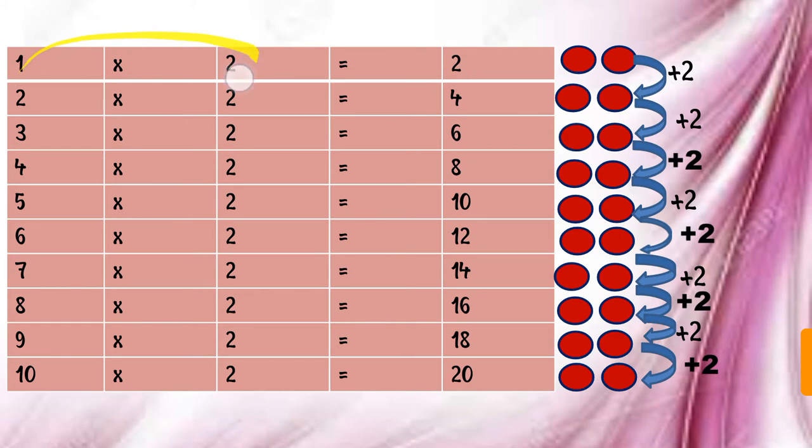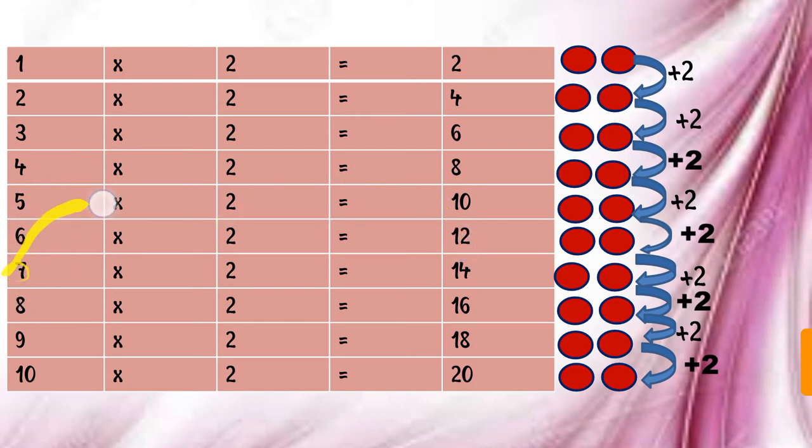One group is having 2 things, that is 2. 1 2 equals to 2. 2 2's equals to 4. 3 2s equals to 6. 4 2s equals to 8. 5 2s equals to 10. 6 2s equals to 12.